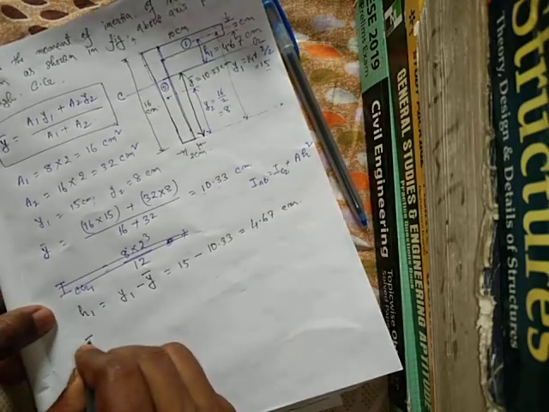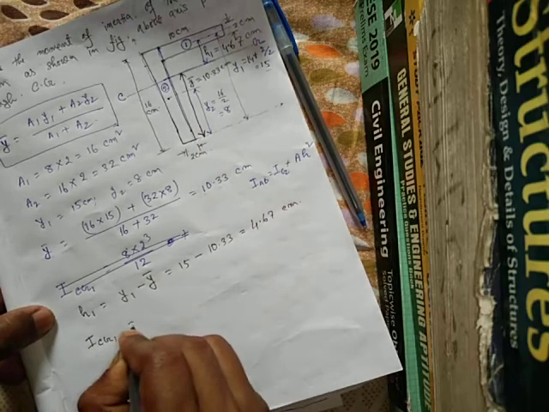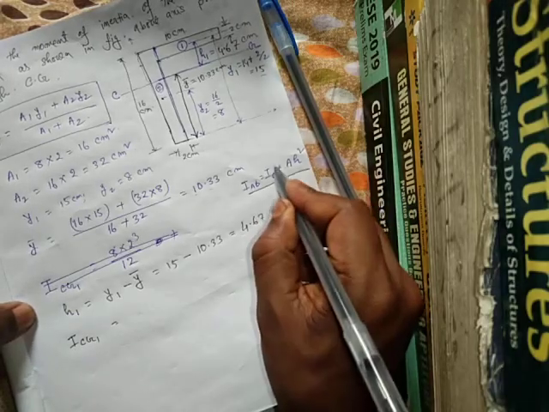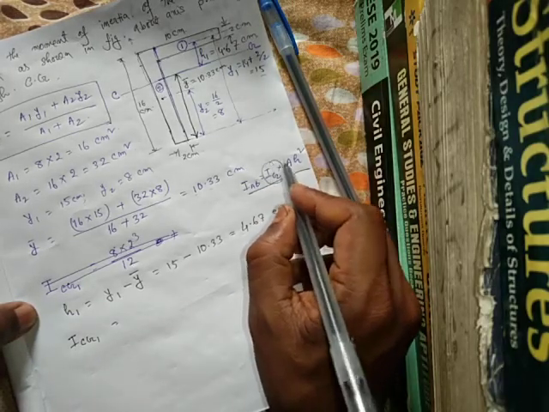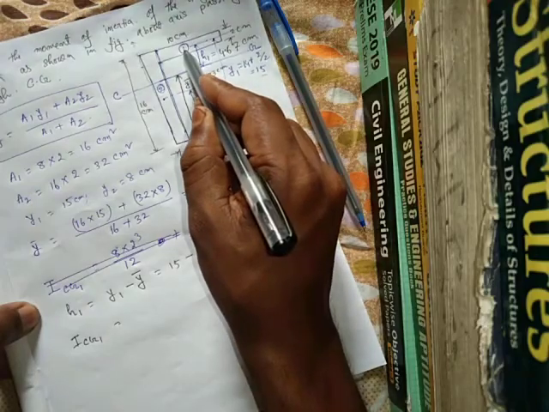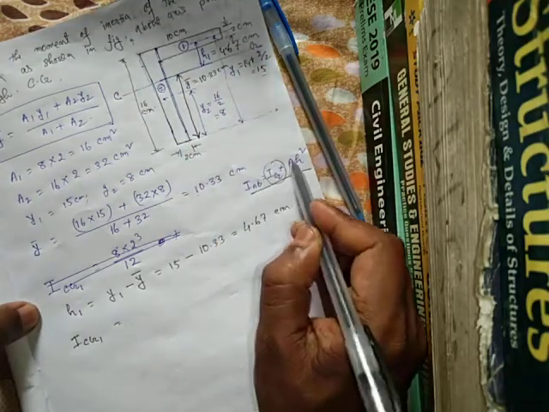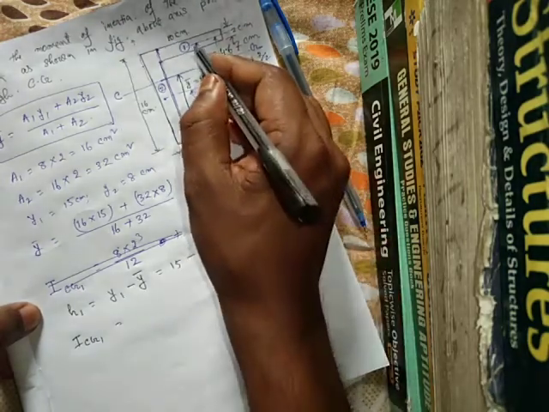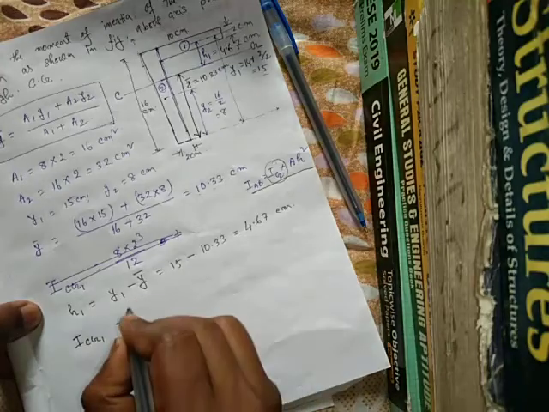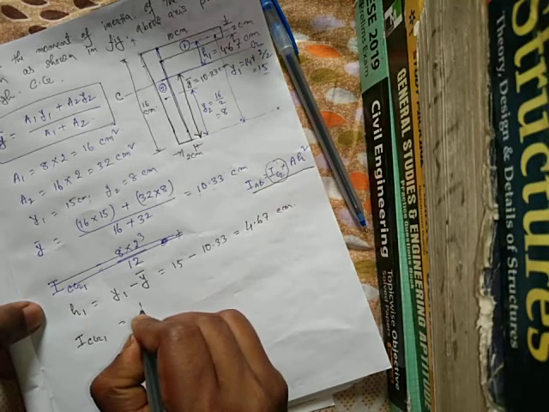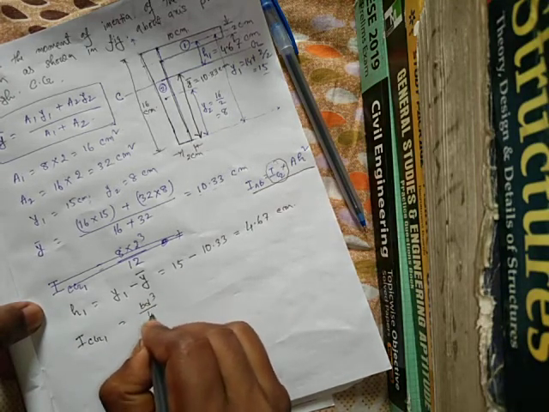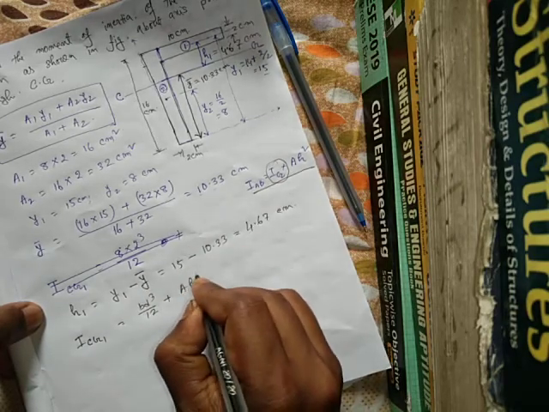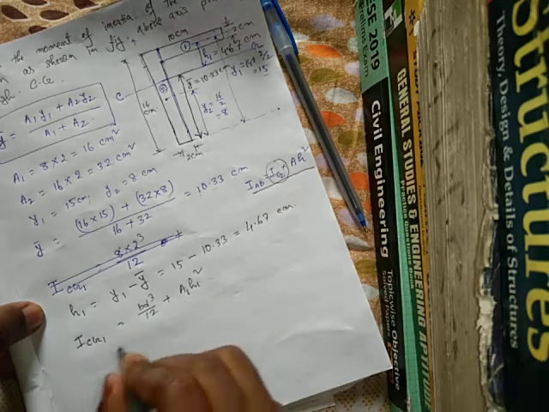So ICG1, by using the parallel axis theorem, equals the moment of inertia about the center of each section plus the area of the section into h square, the perpendicular CG distance square. I equals B D cube divided by 12 plus A1 into H1 square.